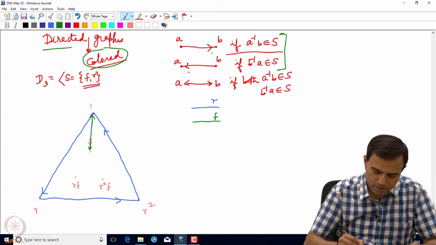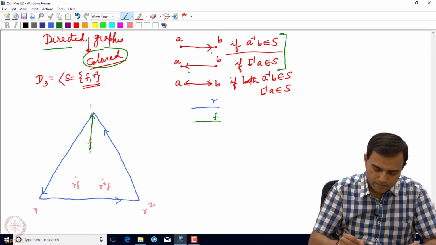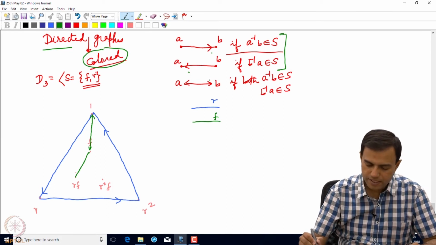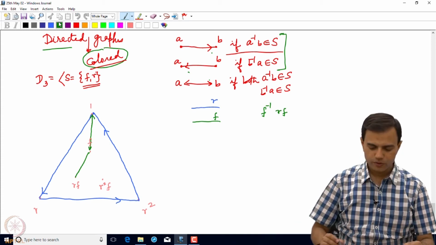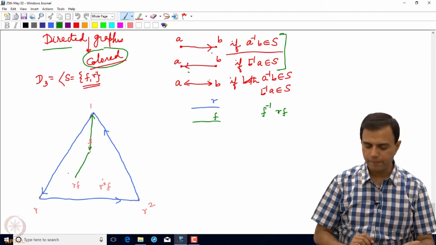What about this? F is here, RF is there. Do I connect them? Well, let's see. So F inverse RF. So here it's F, here is RF. So should I join them?